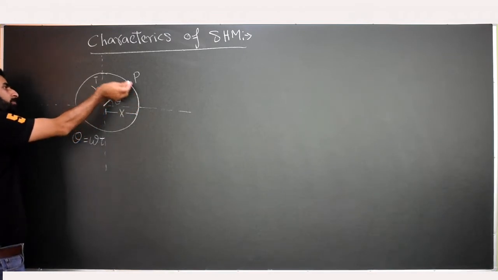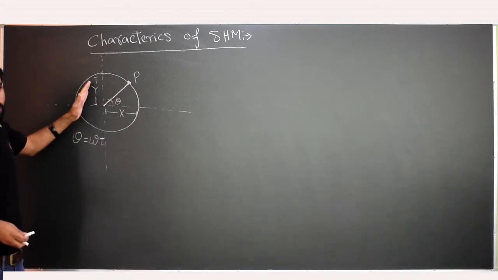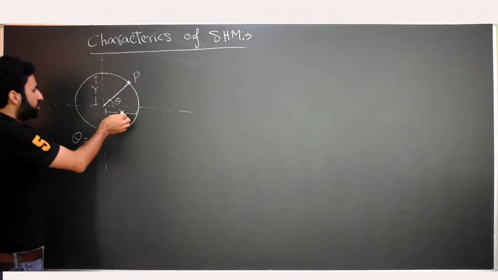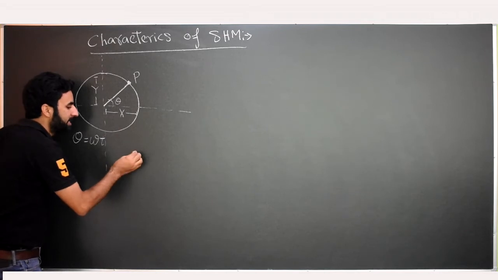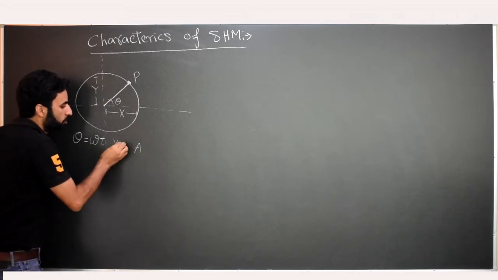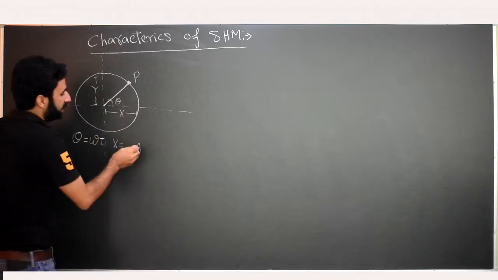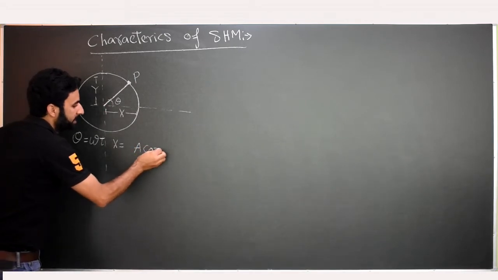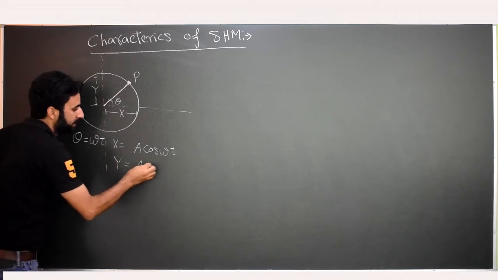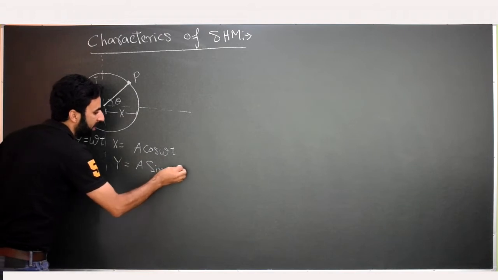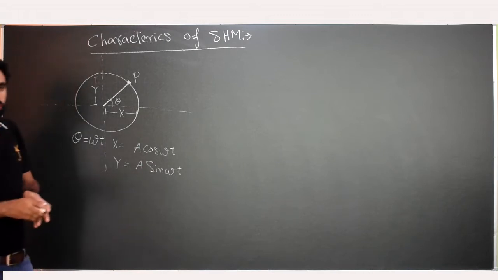Once a particle moves in uniform circular motion, its x coordinate as well as y coordinate will change. The change along the x coordinate may be represented as x equal to a cos of omega t, and the y coordinate will be equal to a sine of omega t, or x equals a cos theta, y equals a sine theta.